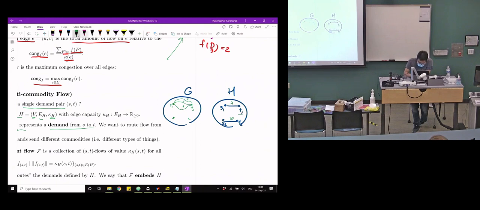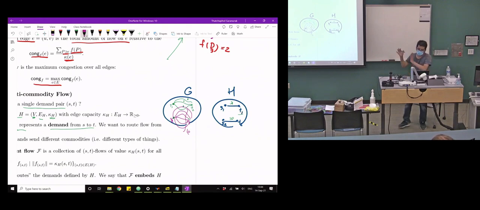And then another flow, S2, T2, you send it by an amount of 10.